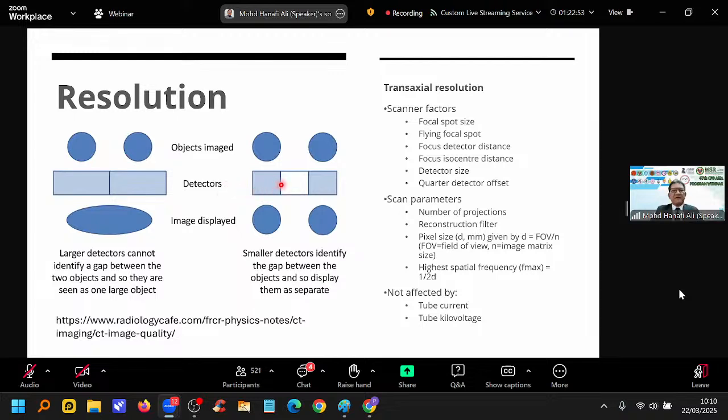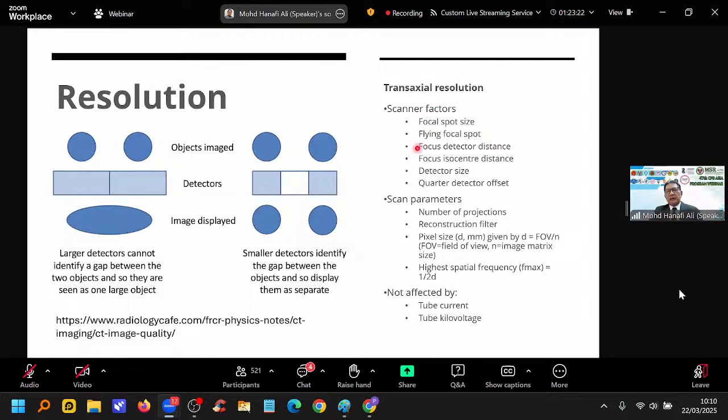A very good detector on the right side with a smaller detector size. We can see that the image displays most accurately on the right side, but the left side is something merged there, like elliptical, and this contributes to the unsharpness of the image. So it is based on that detector.